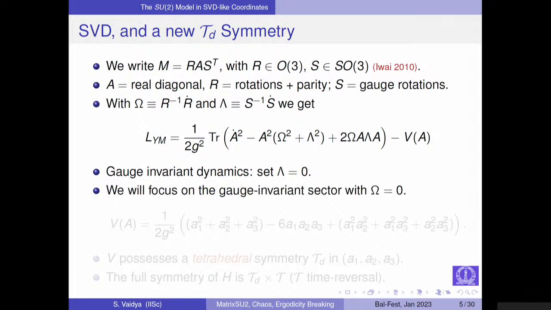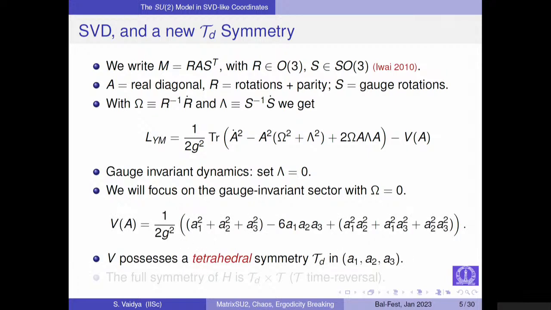So in particular, we will set lambda to be 0. And for the things that I want to tell you today, we will also look at the spin 0 sector. We will also set omega to 0. So we have gauge invariant spin 0 dynamics that we would like to look at.